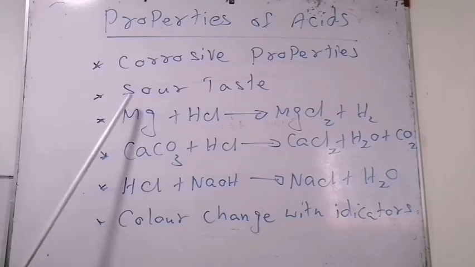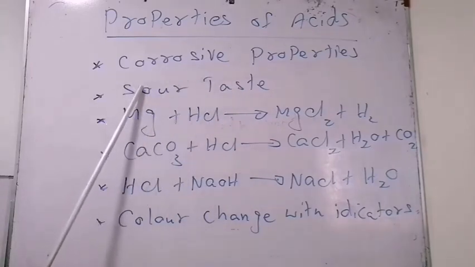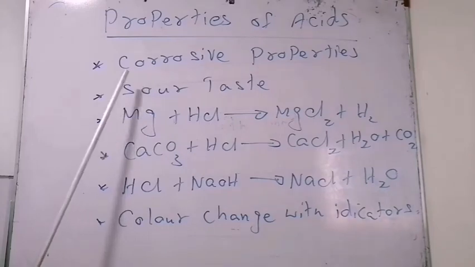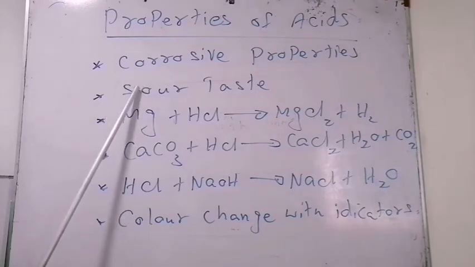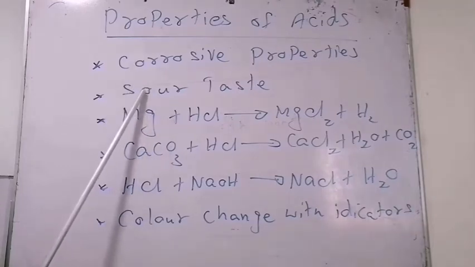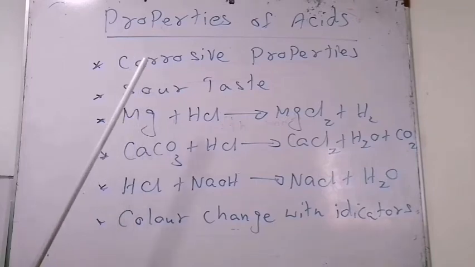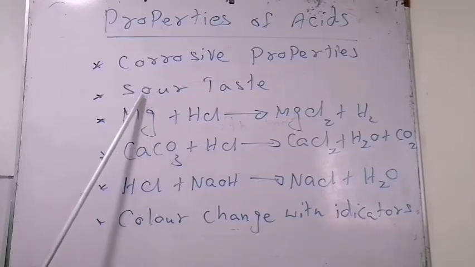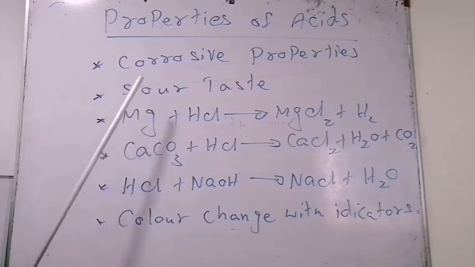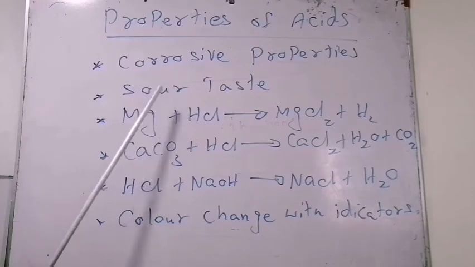And also we know that acids have a sour taste, but we should not taste all acids, because some of the weak acids such as citric acid and acetic acid we can taste, but dangerous, harmful acids such as hydrochloric acid, sulfuric acid, and nitric acid in the laboratory, if we taste, what will happen? There will be a lot of harmful effects.